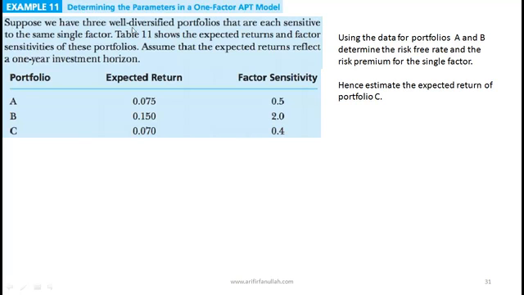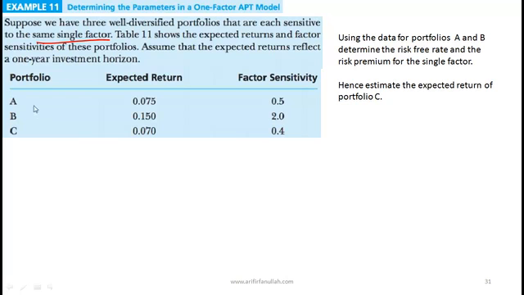Suppose we have three well-diversified portfolios that are each sensitive to the same single factor. Table 11 shows the expected returns and factor sensitivities. Assume that the expected returns reflect a 1-year investment horizon.